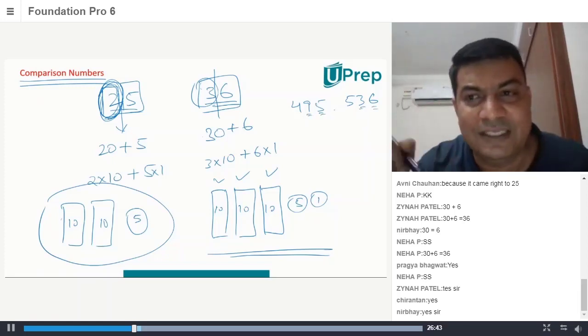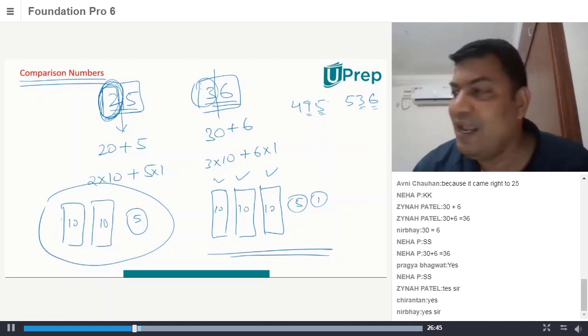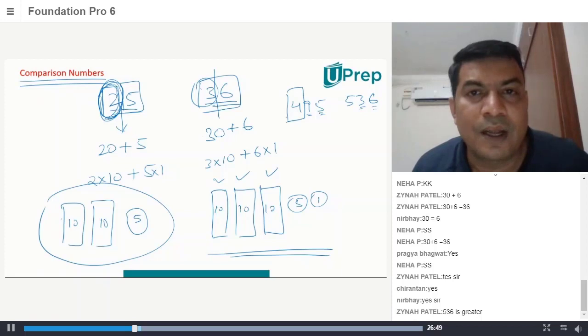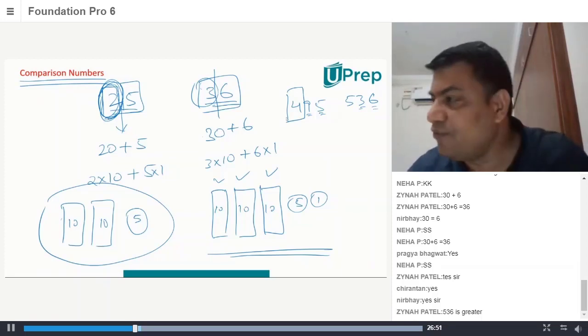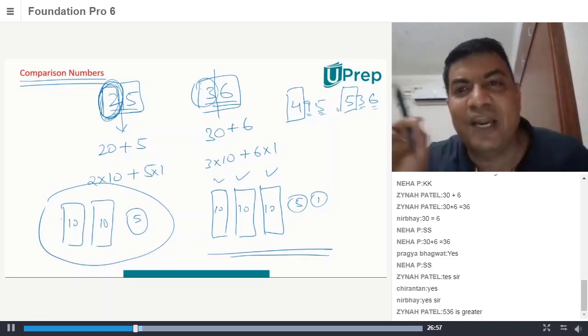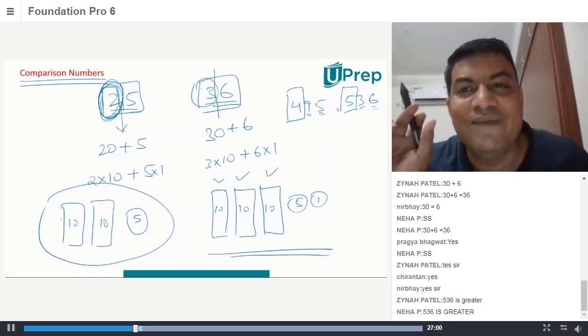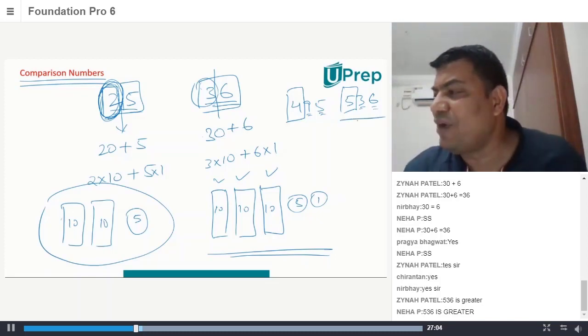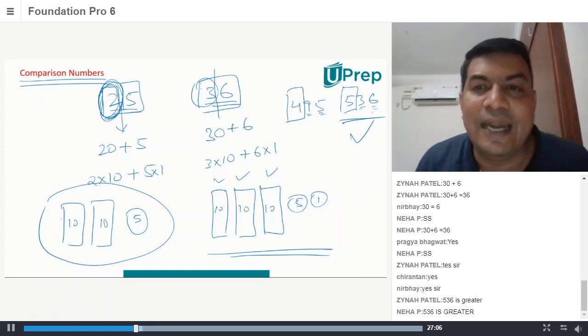It's the same 3-digit number situation, so we look at the number on the left. Here we have a 3-digit number 495 and 536. We know 5 is larger than 4, therefore we can immediately say that 536 is greater.